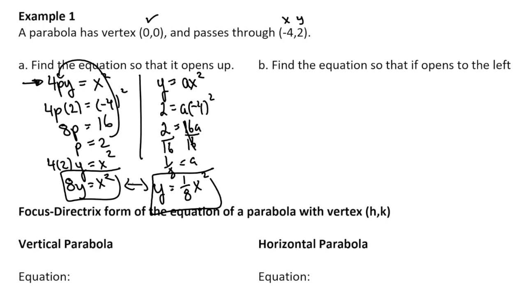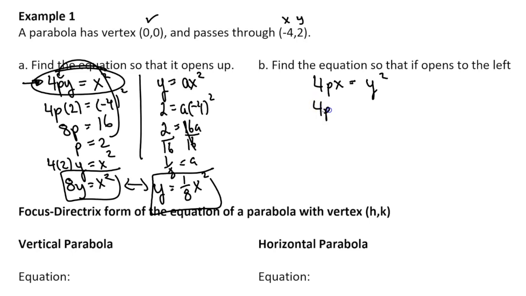So what would happen if we wanted to have it open on its side? If we want it to open on its side, let's take our brand new equation with our p value and say 4px equals y squared. Then let's sub in -4, 2 for x and y.